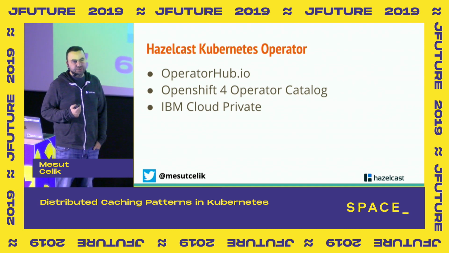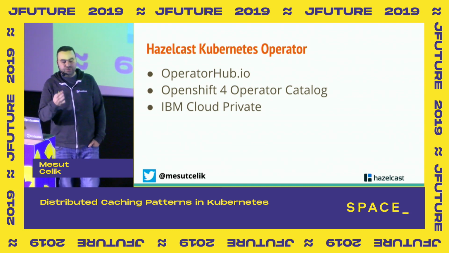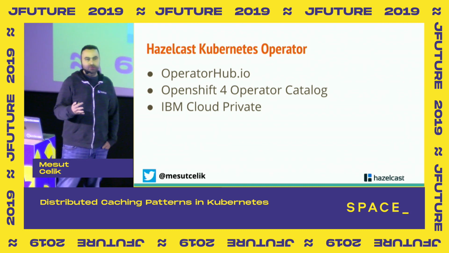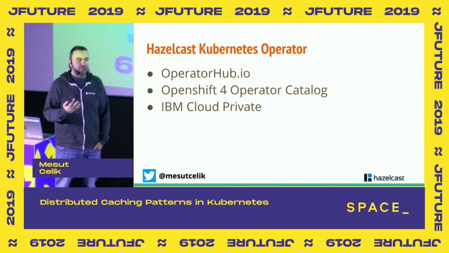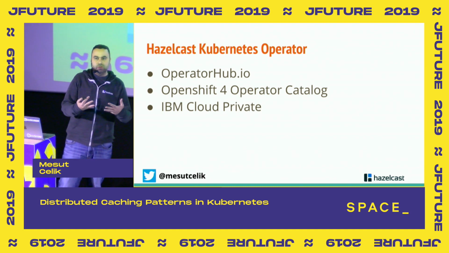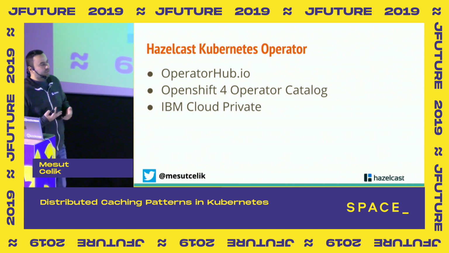The other option is the Kubernetes operator. The Hazelcast Kubernetes operator is hosted on operatorhub.io. If you are into Kubernetes operators, then operatorhub.io has created a list of available existing operators in the market.